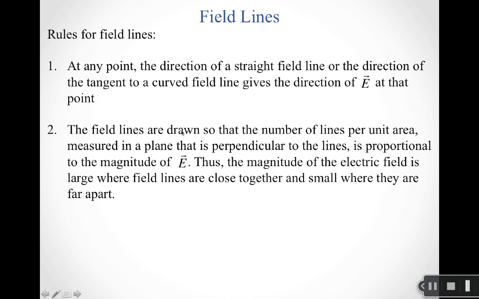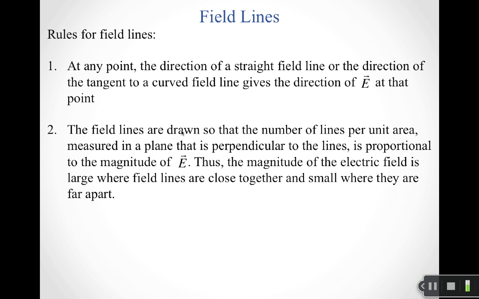Two, when we draw field lines, we also have to indicate the magnitude, and the way we do that is by how compressed or spread out the field lines are. The way you think about magnitude in a field line diagram is to think about how clumped together the field lines are.